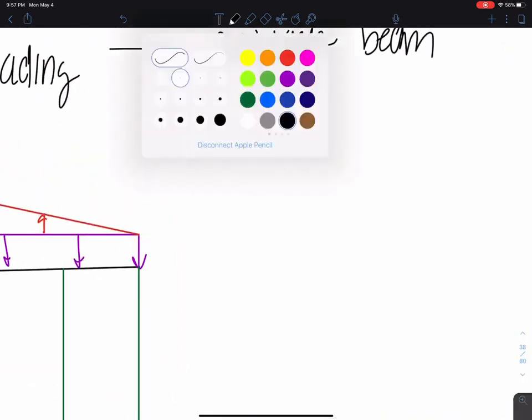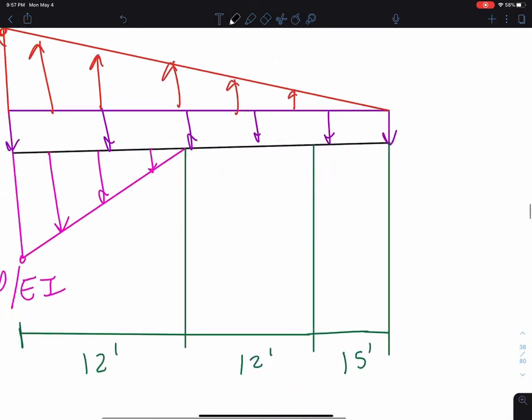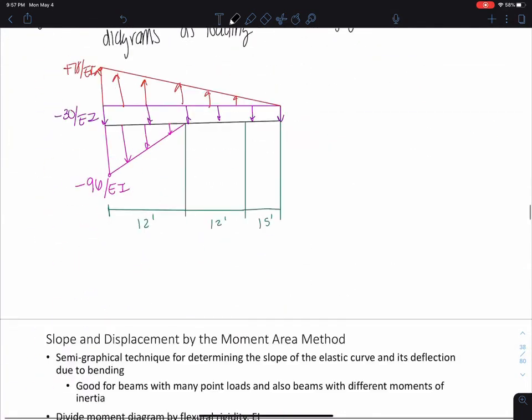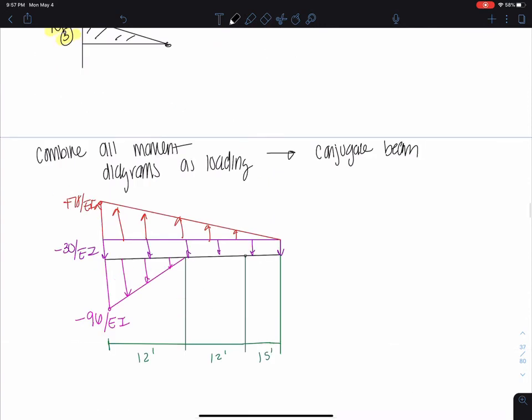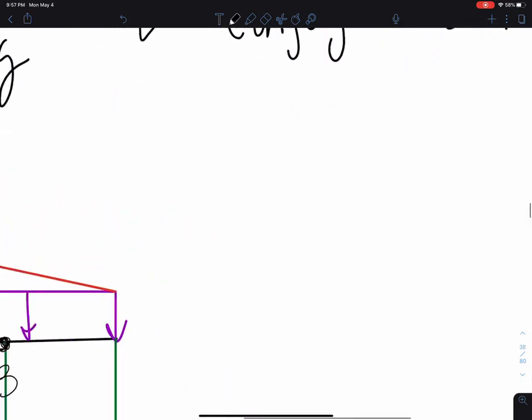Okay, so let's come here. And the first thing we're gonna do now is we need to basically sum forces just to the right of that point B, which is, let's see where point B was on this beam, at 24 feet. So this here is our point B. I'm gonna put all this in green. Okay, so if I do that, I need to get all the resultants of these loads.